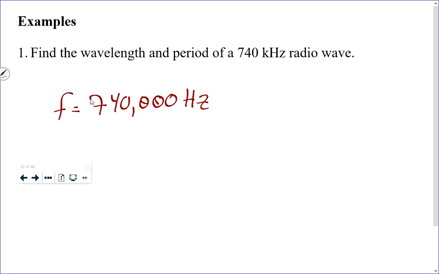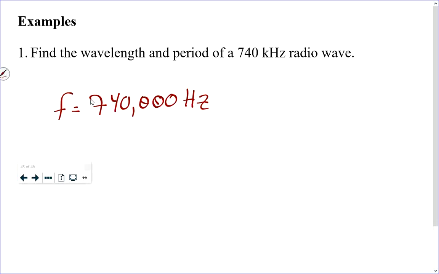The code, the language, the music, the words is encoded based on how far the electrons go. It's called amplitude modulation. So the electrons will oscillate a lot, and then a little, and a lot, and a little, and medium amounts, and that's how we encode the signal. Well, I don't know much about it. All I know is the frequency is the same.